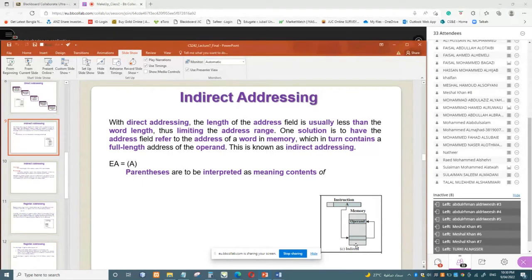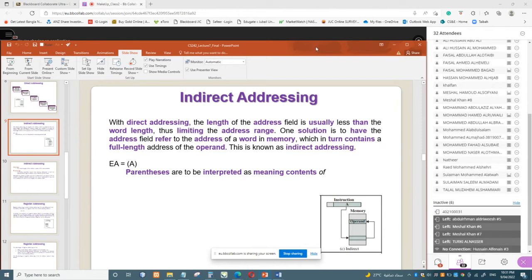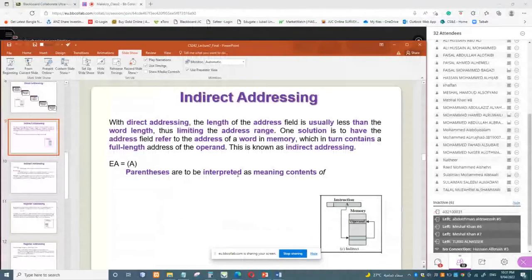That is more than enough for an instruction to refer to those memory locations, because you have to always remember there is a restriction in your instruction: it cannot be more than 32 bits. So if you want to refer to a memory location whose address is 32 bit, it is not possible. You can refer only to those memory locations whose address can be referenced using 10 bits or 12 bits.